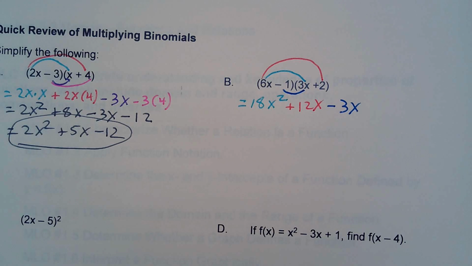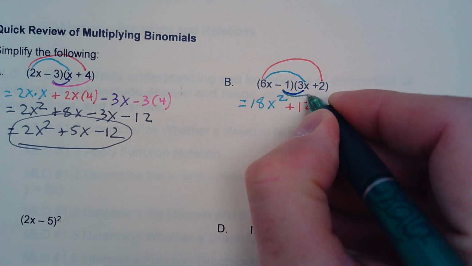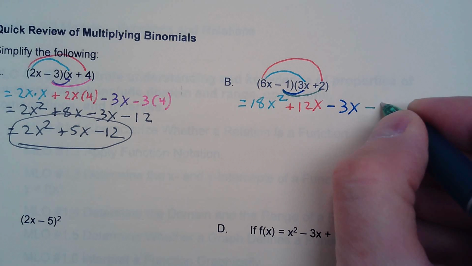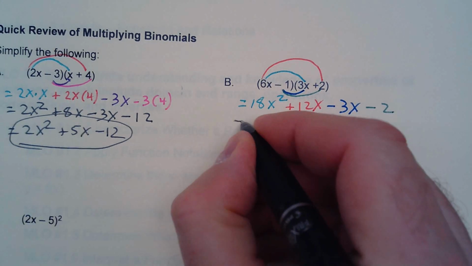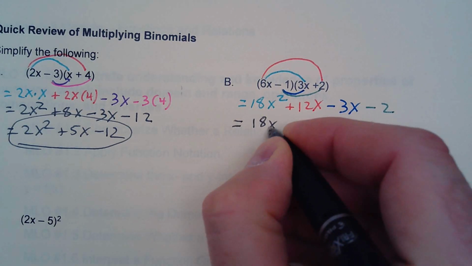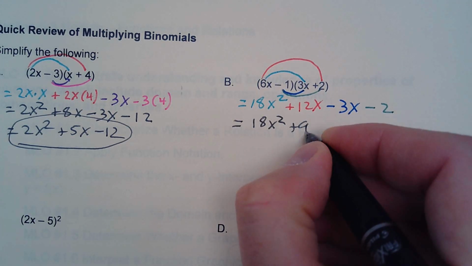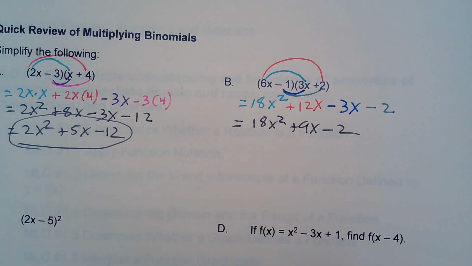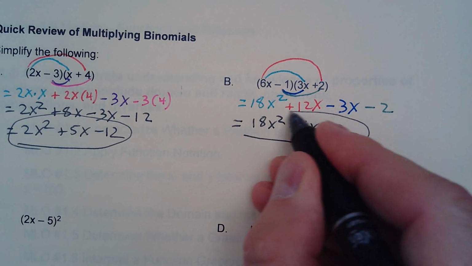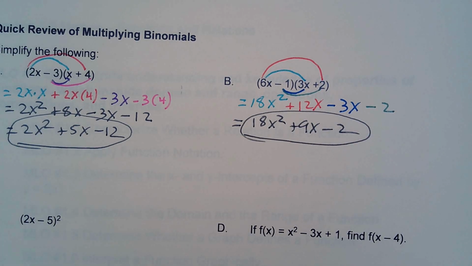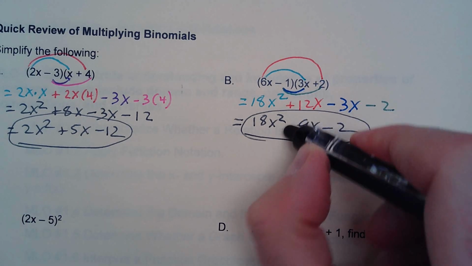And then I'm going to do the last terms. Negative 1 times 2 is a negative 2. And then combine like terms. Now it gives 18x squared plus 9x minus 2. See if I can write that a little bit better.